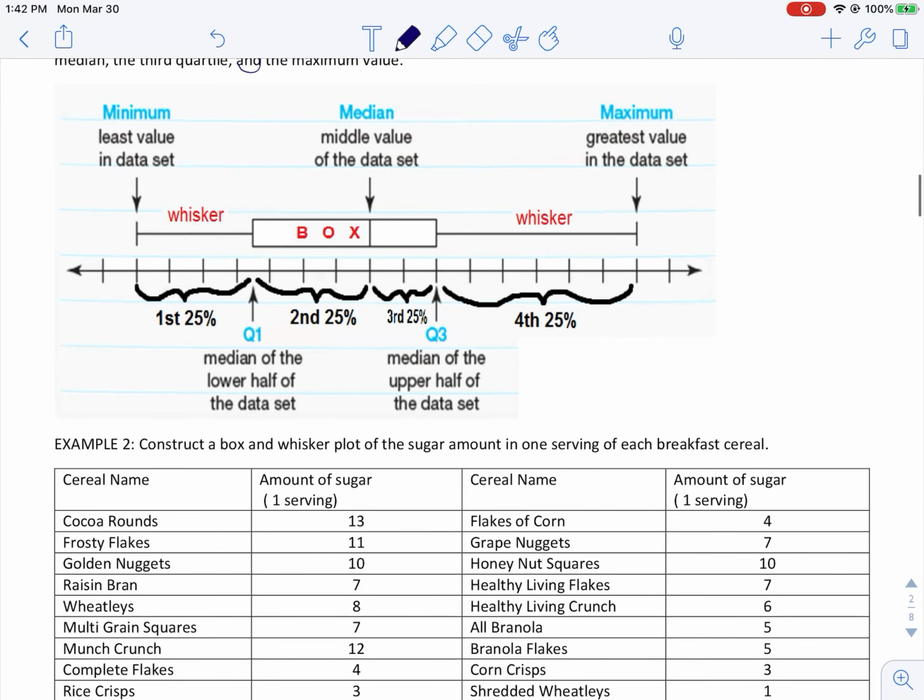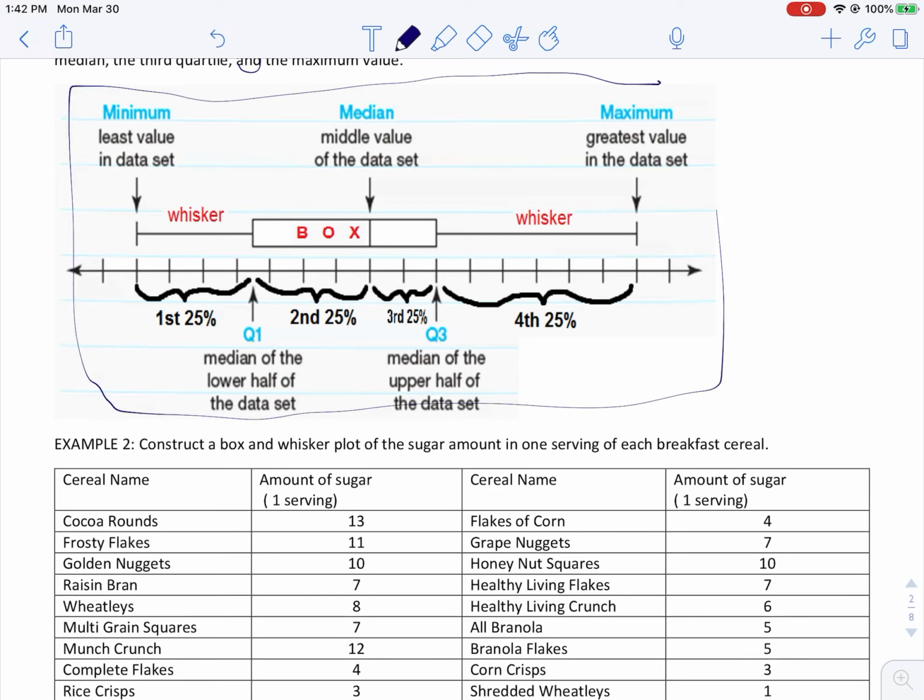So here, looking at it, this is your kind of graphic representation of what we just covered. Now, I don't need to calculate any averages or anything like that with this. That's good.